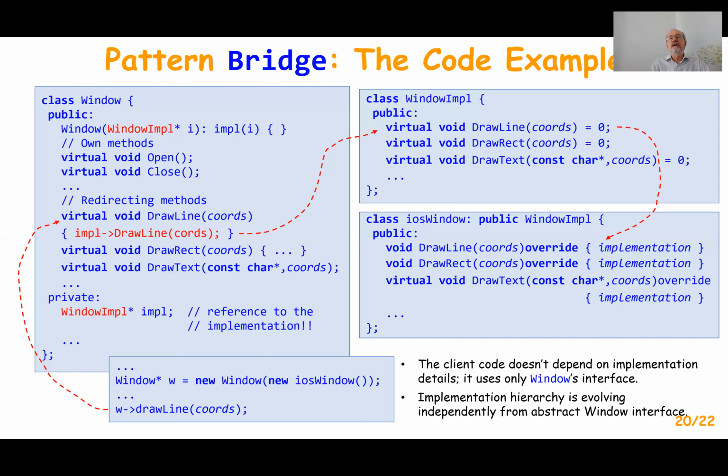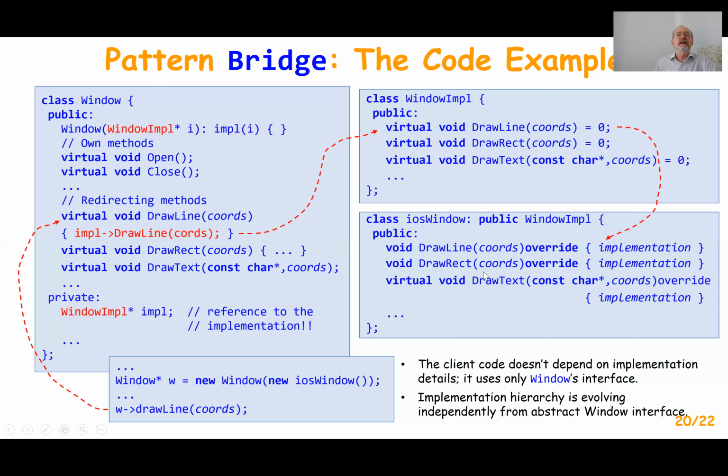Of course, there are a lot of redirections, but those redirections are actually a part of object-oriented semantics, nothing else. So client code doesn't take care about these details. The effect of the initial call of drawLine is that the iOS implementation of this function gets invoked. So that's it.